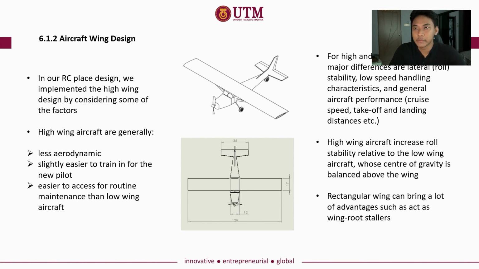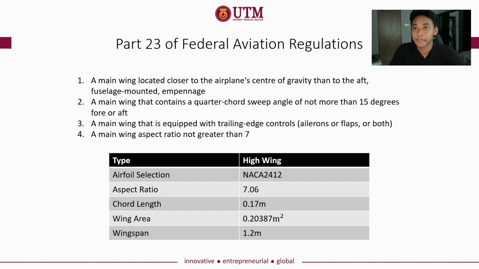So in the roll aspect, it has higher stability compared to the low wing. And the rectangular wing also brings a lot of advantages, such as acting as a wing root staller.